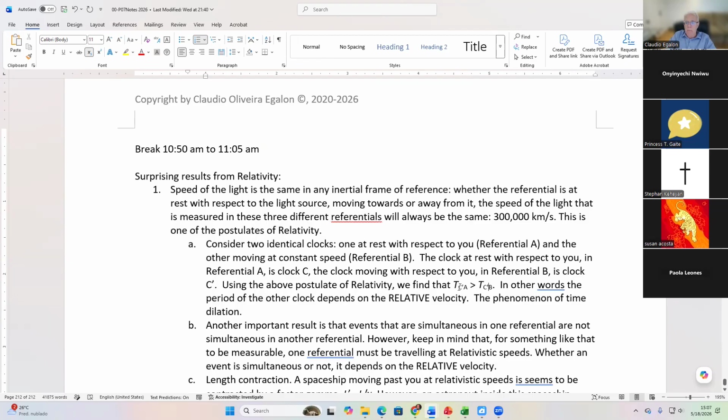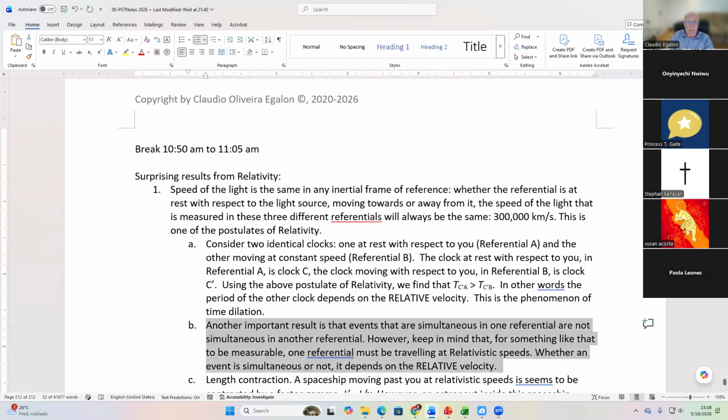Remember, C prime is the clock that is in referential B. In other words, the period of the other clock depends on the relative velocity. This is the phenomenon of time dilation.